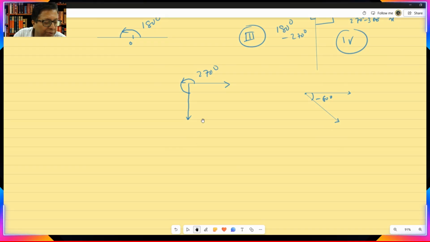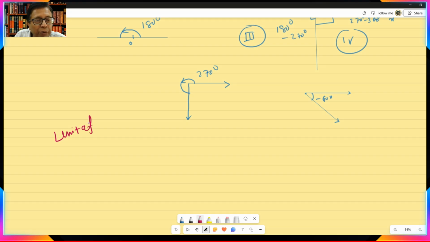Now we are going to learn the unit of measurement of angle. Because this topic is measurement of angle, we must know the unit. The unit of measurement of angle may be in radian or in degree.